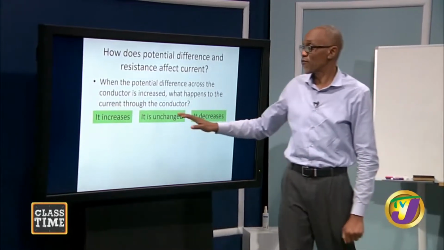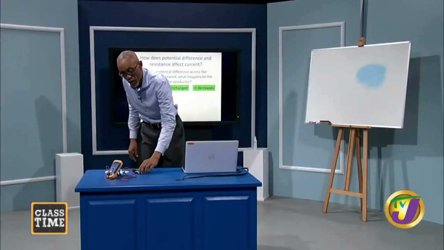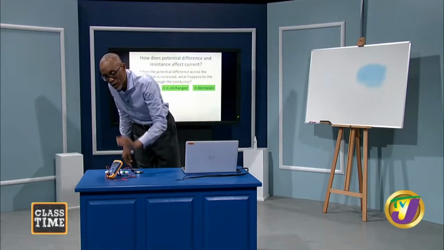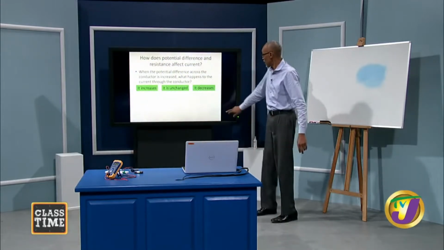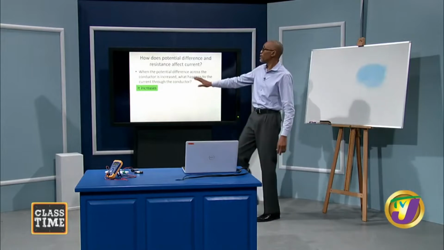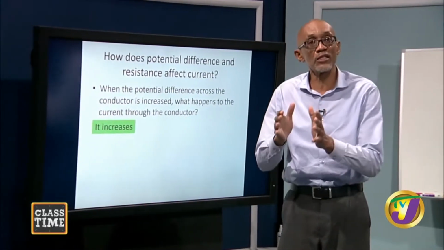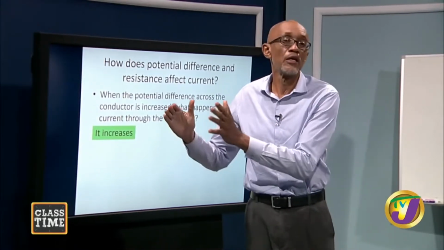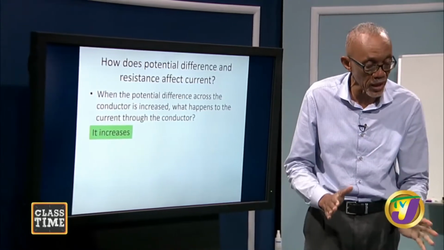The potential difference across the conductor was increased from 3 volts, where we got 0.2 amperes, and when we put 9 volts, we got 0.48 amperes. So we see that it increases. Potential difference increases the current through the conductor, once the conductor remains the same.